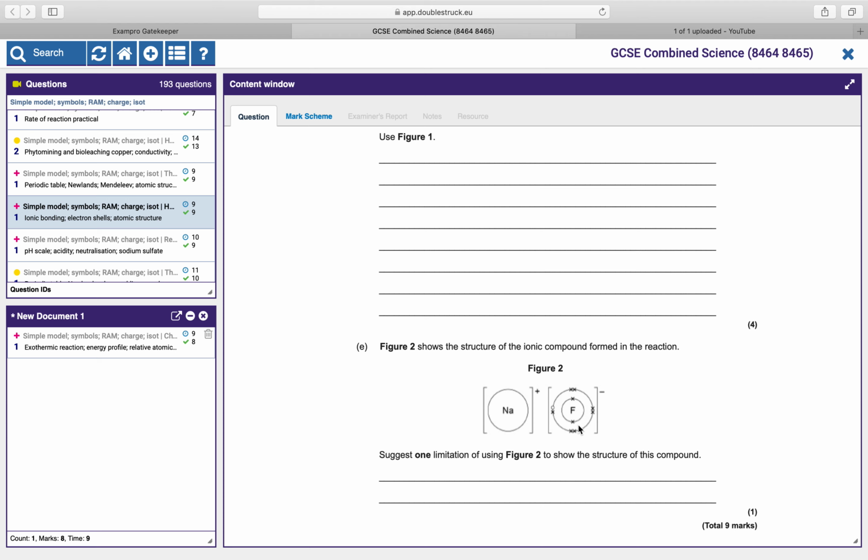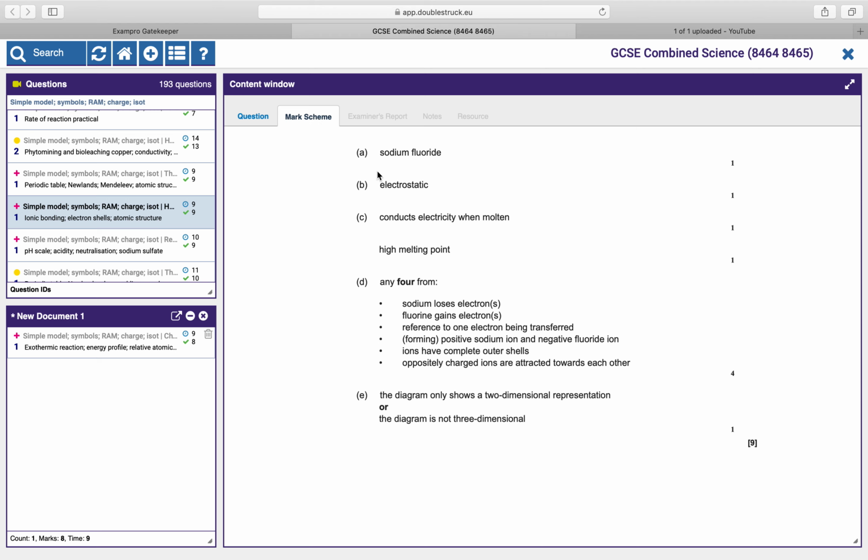This one shows it in a 2D format, so it doesn't show the 3D structure. Yeah, the diagram is not 3-dimensional. It only shows a 2-dimensional representation, so that would give you the mark.